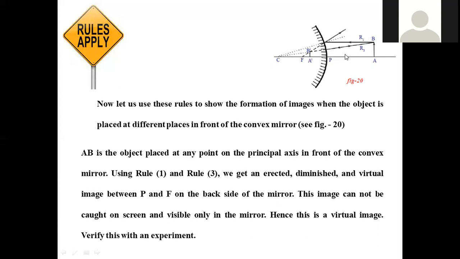So here rule number 1 and rule number 3 both are implemented together, so that we got the image of that object behind this convex mirror, A prime, B prime. This image will be generated virtually, and it is called a virtual image because it is generated on the mirror rather than the screen, right? So this is the application of the rules which are implied for the ray diagram for the convex mirror.